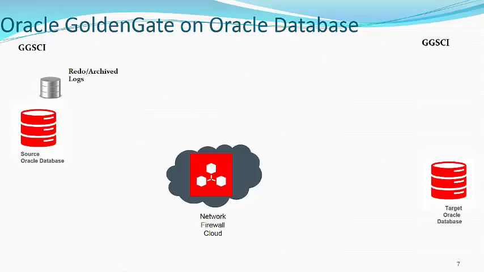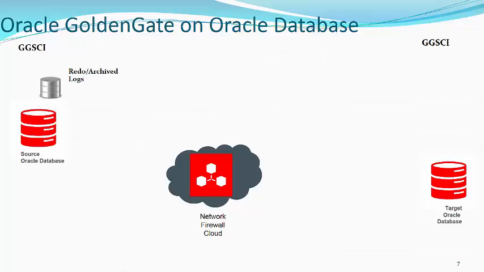Without GoldenGate running, what do we have? Typically on the Oracle system, you have a source Oracle database, so you have the redo or archive logs. If you're running something other than Oracle, the redo and archive logs are just transaction logs. So basically that's what you have.